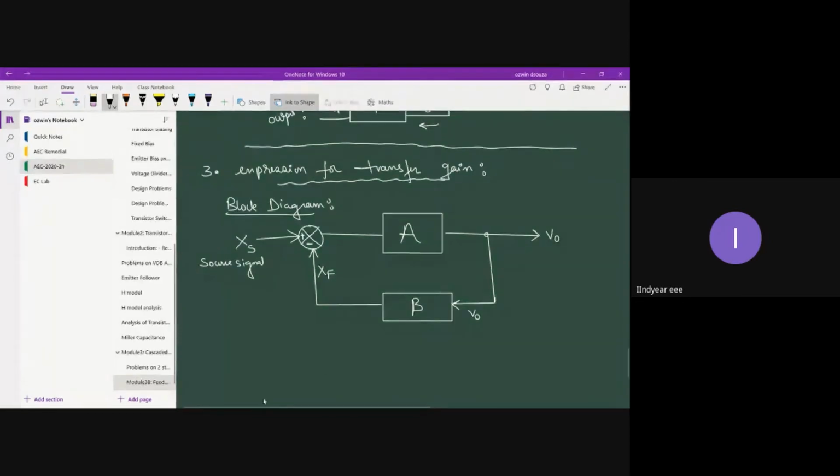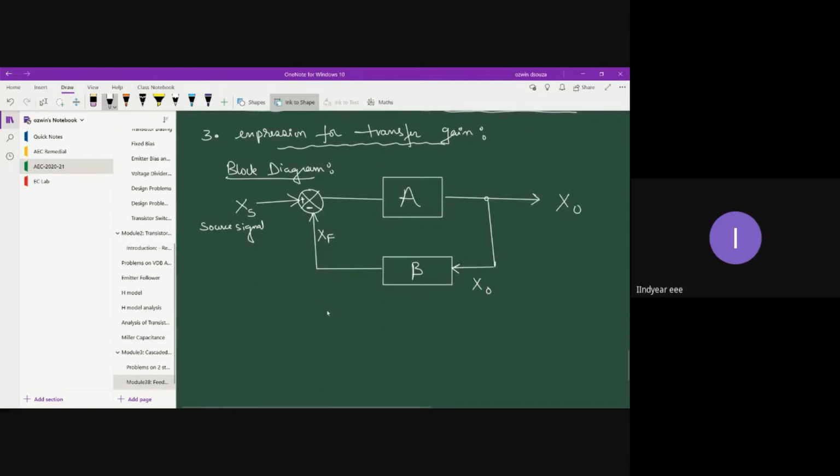You can clearly observe that the feedback block receives an input equal to V0. Sorry, let me not use voltage, because in general it can be anything. So let me take this as x0. This is also x0 because the same output you are feeding back to the feedback network. And the output of the feedback block, let's take it as xf. Then let us define the gain of the amplifier block.